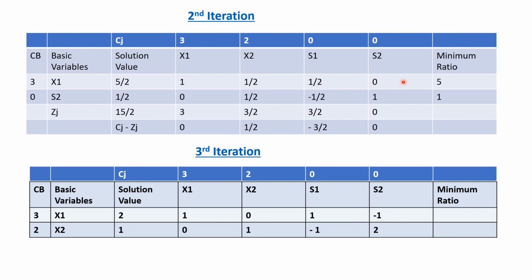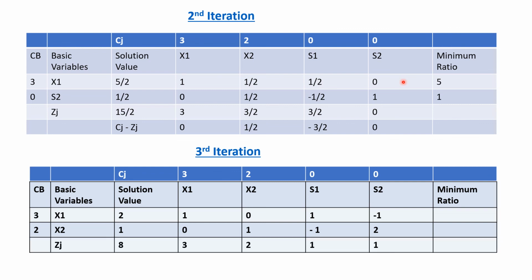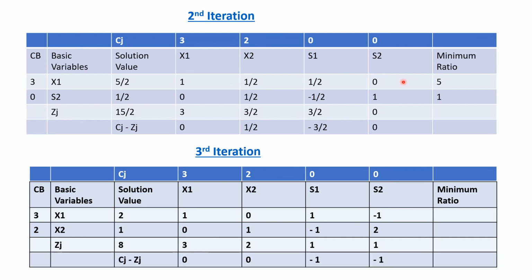After we do so, we have to get the value of Zj, right? The same way what we have done for all these tables, and then we have to compute the value of Cj minus Zj. As you can see, all the elements in the Cj minus Zj are non-positive, which is an indication that optimal solution is reached.